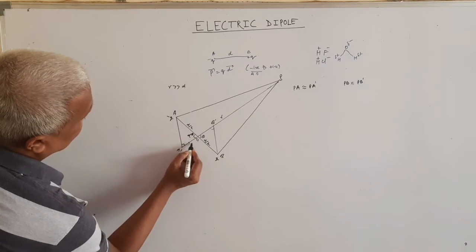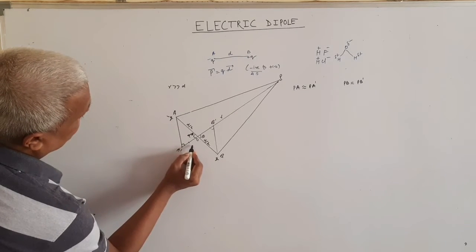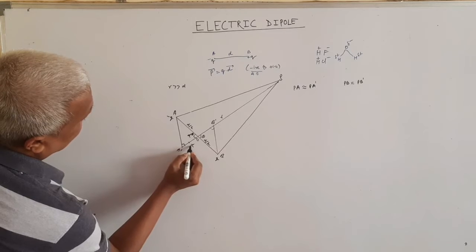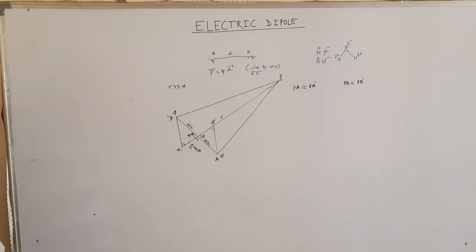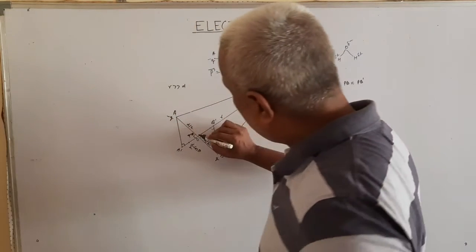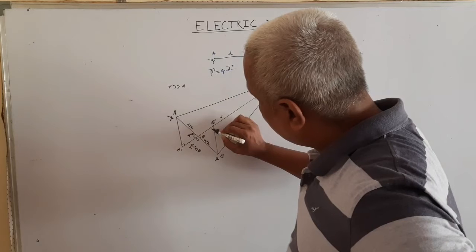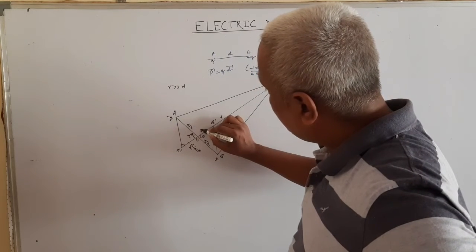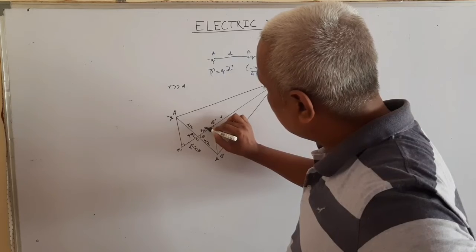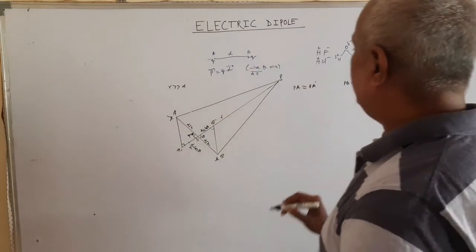So I get this value as d by 2 cos theta. Similarly for this part, this is theta, this is 90, with respect to this point this is adjacent, so this is also d by 2 cos theta.